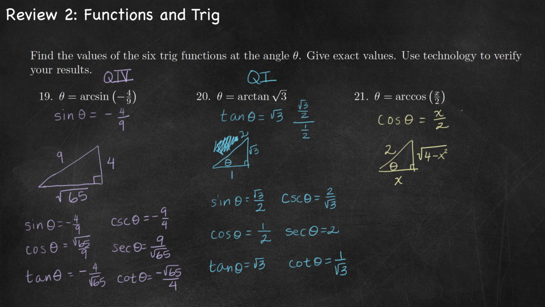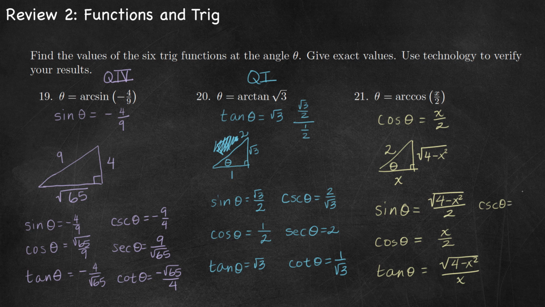Since x is unknown, we don't know if it's positive or negative. For this one, I don't know which quadrant I'm working in. So we're just going to stick with sine theta being the opposite over hypotenuse, cosine theta, x over 2, adjacent over hypotenuse, tangent theta, opposite over adjacent, and then our reciprocals.